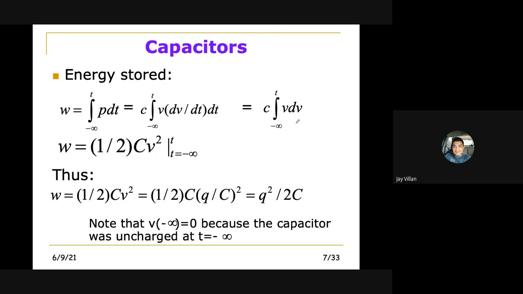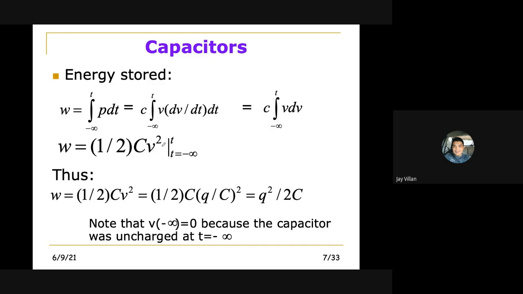So dt cancels out, so that becomes C times the integral of V dV evaluated from negative infinity to t. We evaluate this, so that becomes 1/2 CV squared evaluated from negative infinity to t.